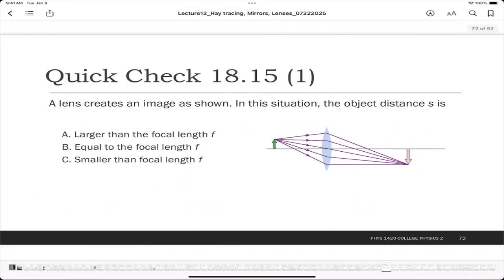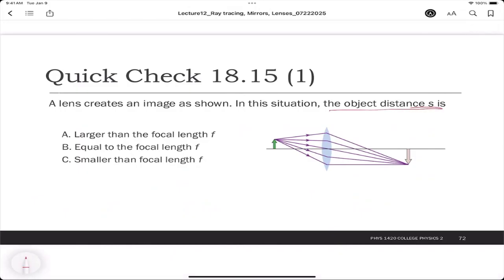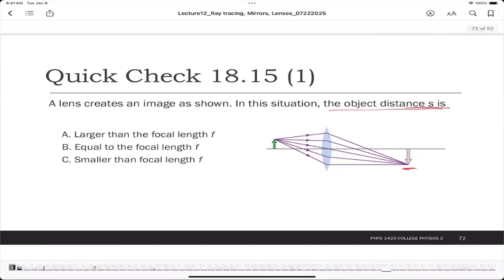A lens creates an image as shown. In this situation, the object distance S is larger than the focal length f, or equal to the focal length f, or smaller than the focal length? Here the image is inverted, so it is real.